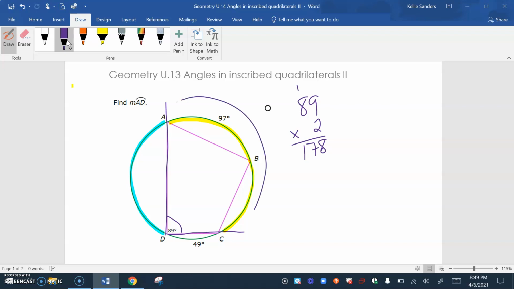So the whole thing is 178, but I know part of it is 97. So if I subtract 97, we get 81. So this arc is 81.